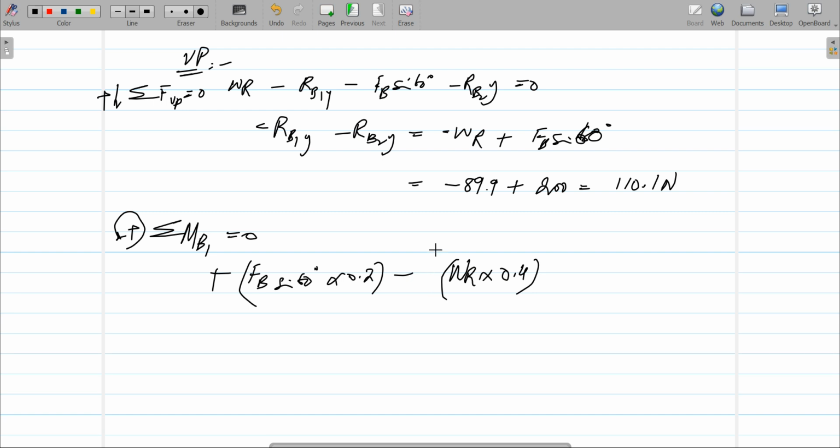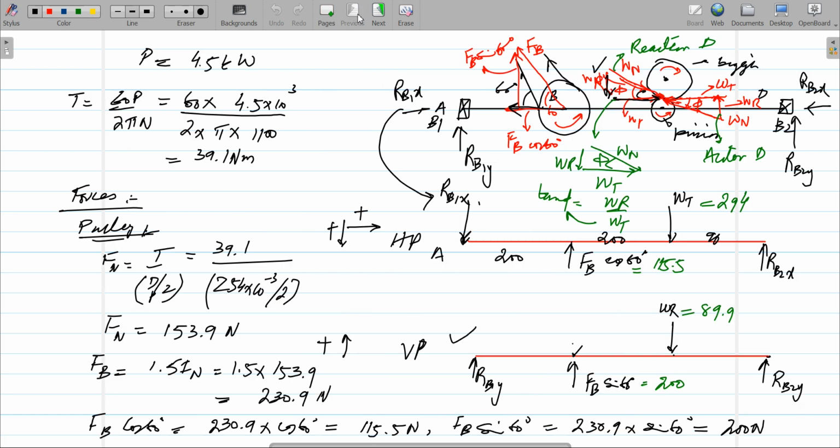And the last force is RB2Y into 0.49 equals to 0. Now look again at the diagram, which is RB2Y, this force into this total distance, which is 0.09 plus 0.2 plus 0.2, you get 0.49.